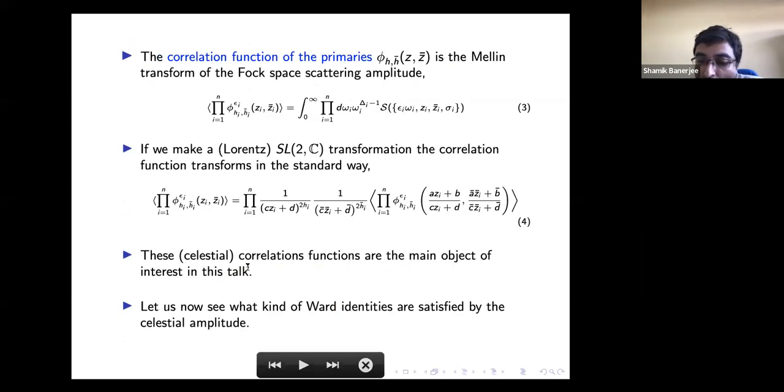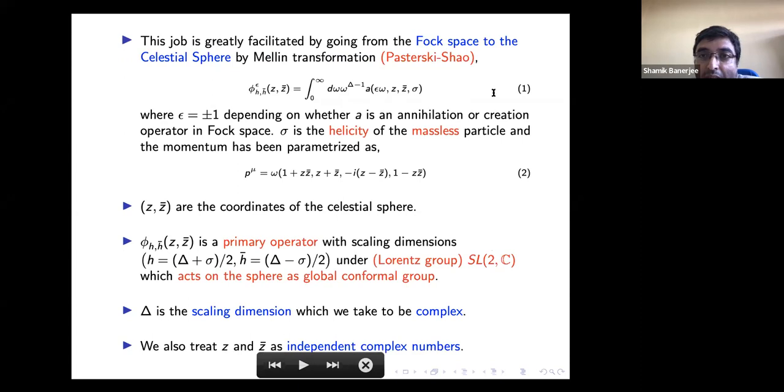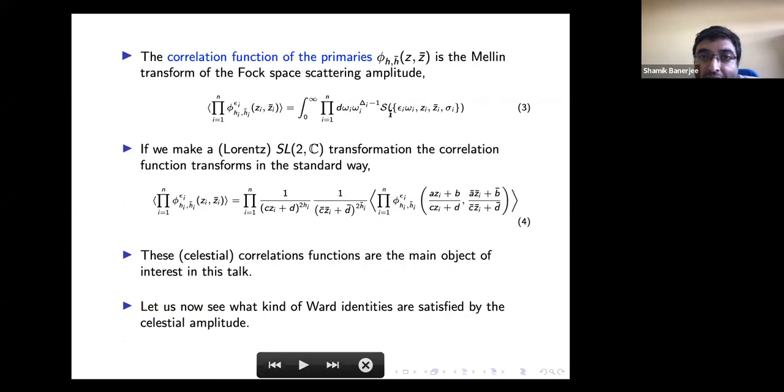Now we can apply this transformation one, and then we have this equation 3, and this S is essentially the S matrix of these massless particles. I can do this Mellin transformation of that, and that gives me the correlation functions of these fields, these phi's.